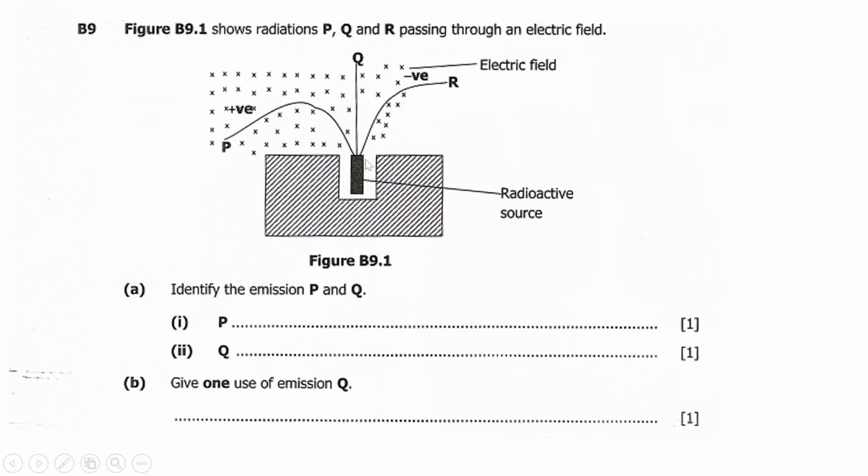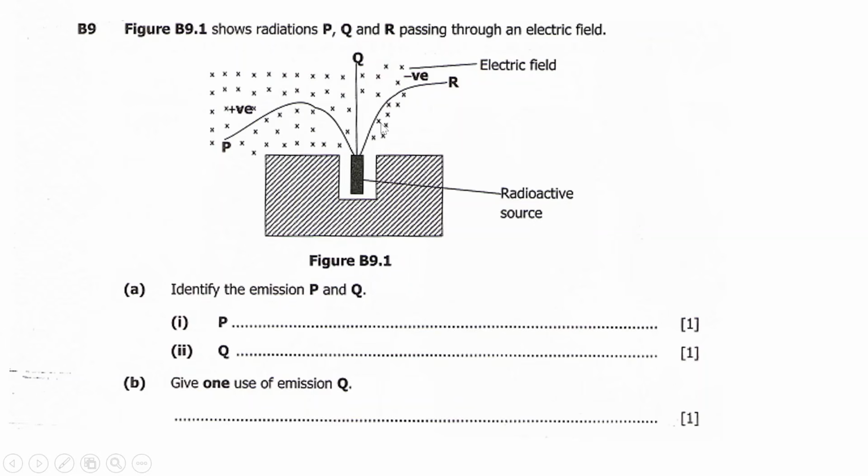Remember, like we did in our previous lesson, alpha particles have a small deflection, while beta particles have a larger deflection, and gamma rays are undeflected when passing in an electric field.